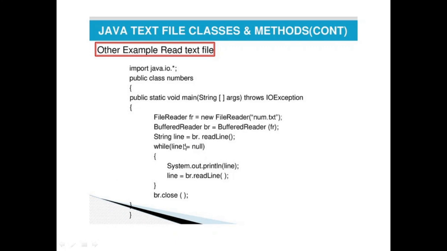If that line is not null, I display it to the monitor, and then move the pointer to the next line with line = br.readLine. So this line will contain the next line, the second line in our example. If that is not null, it is also displayed. This loop goes on and on until we find the last line already printed, and then we close.